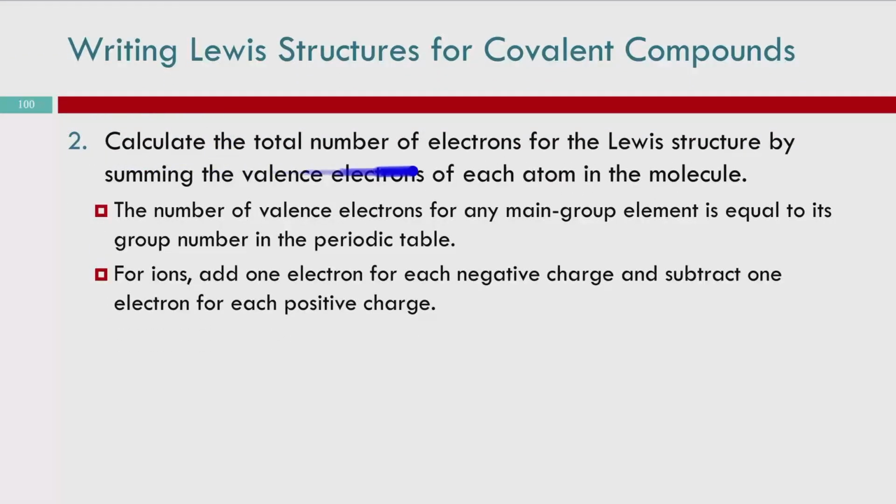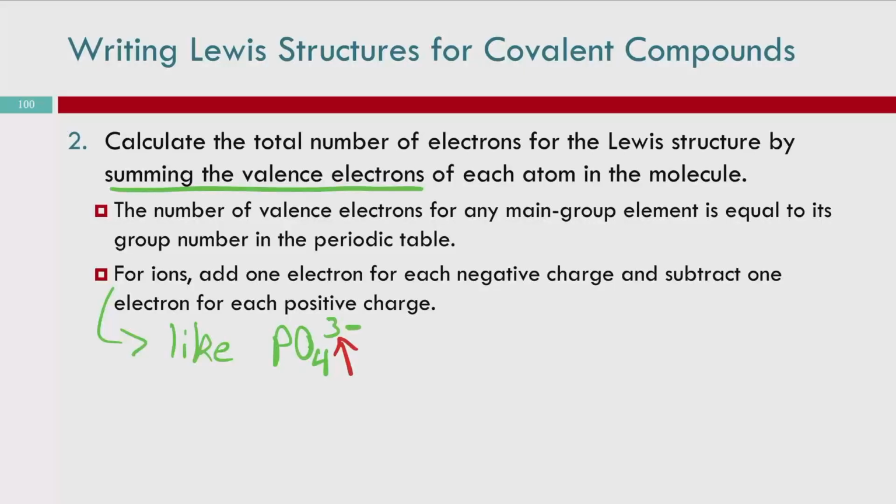Then we're going to calculate the total number of electrons. We're going to add up the valence electrons of each atom that's in our molecule. If we have ions, we're going to add 1 electron for negative charges, subtract 1 electron for positive charges. So for example, PO4 3-.